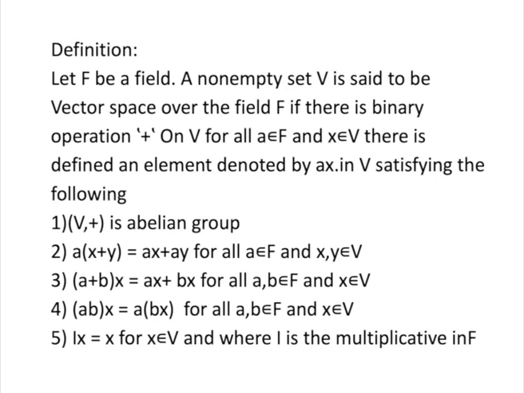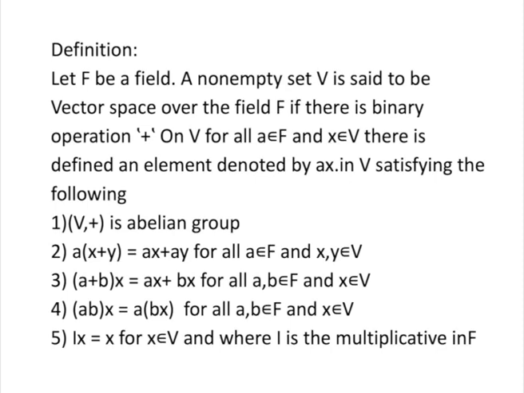Fourth property: (ab)x equals a(bx) for all a, b belongs to F, the field, and x belongs to V, the vector space.